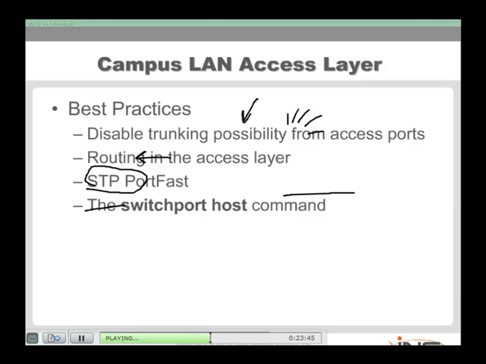We talked about how much we love summarization, and summarization is definitely something that you want to engage in typically from the distribution to the core. So we can hide from the core details of the subnet information by aggregating, by summarizing the TCP/IP subnet information before sending it to the core.